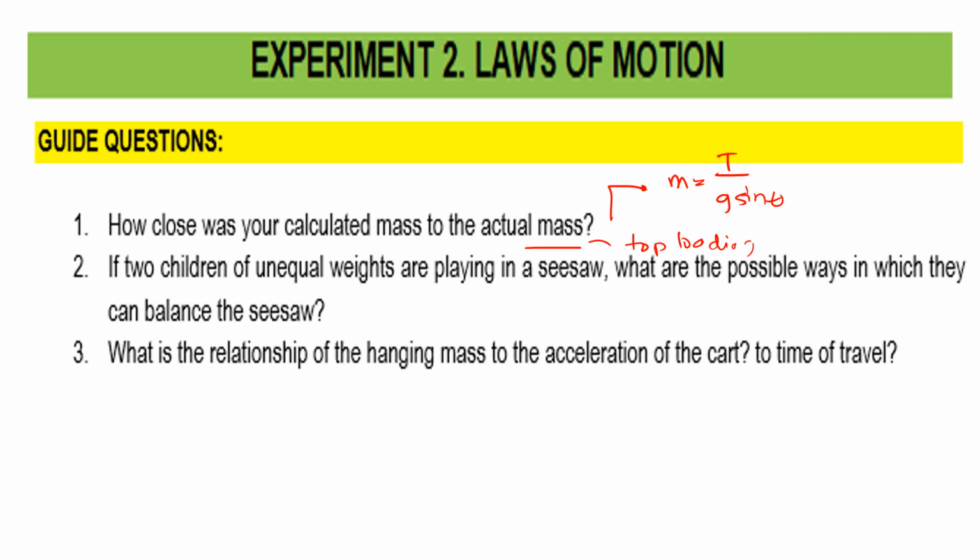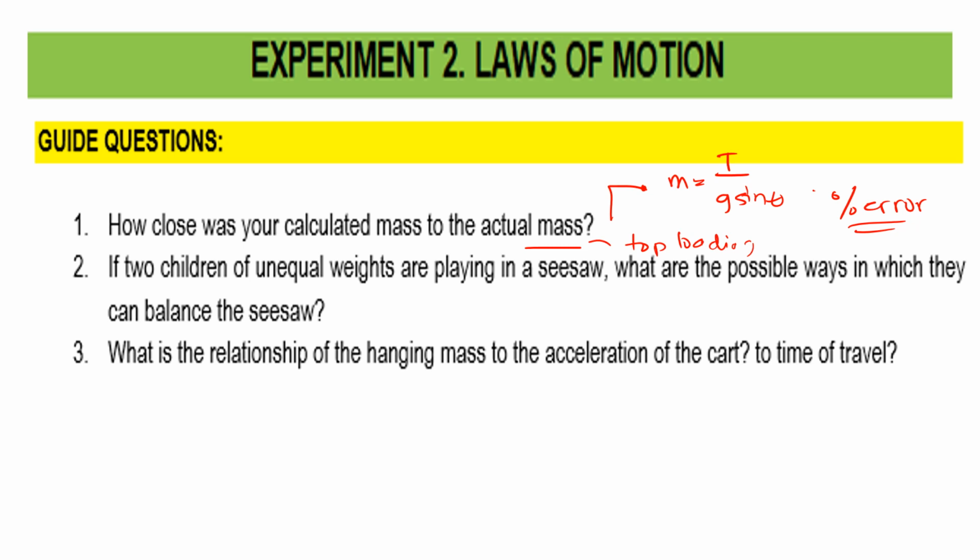To answer how close, you can compute the percentage error. If the percentage error is 0, they are equal: the actual mass is equal to the calculated mass. If the percentage error is big, they are not equal.